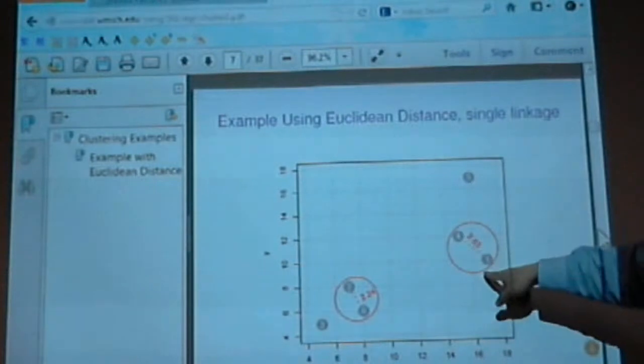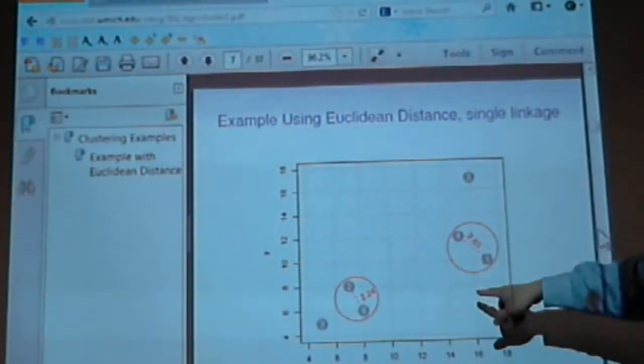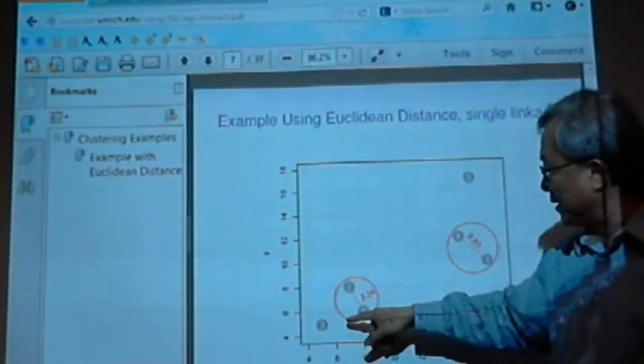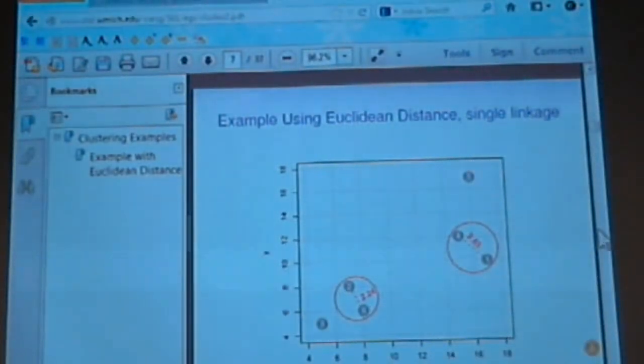Next, between 1 and 4, we have this distance of 2.83. It looks like this is another candidate, but you can see the distance between this cluster and 3. We look at 2, 3, and 6, 3. Look at the previous slides, you can actually see that.